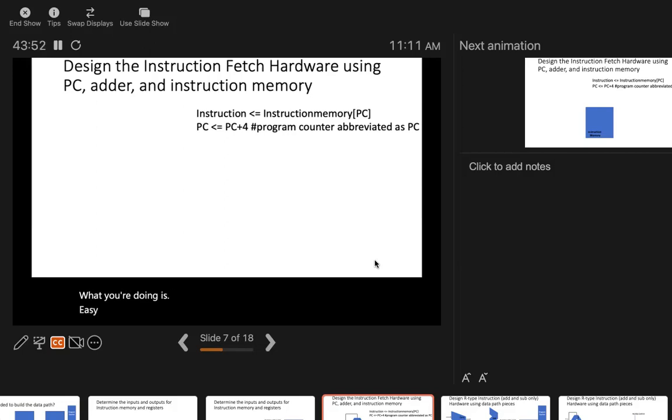Out comes the PC and then out comes the PC and then add them up. So now it's just your hardware, but you're on the very right track. Awesome. Good job.